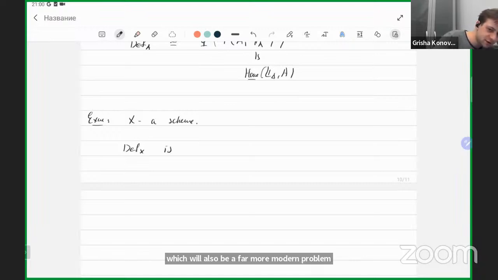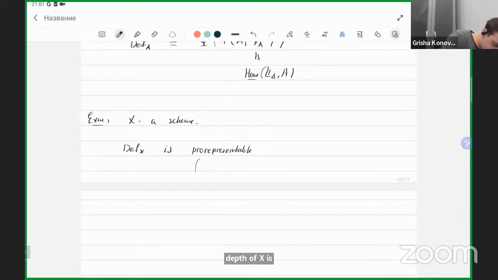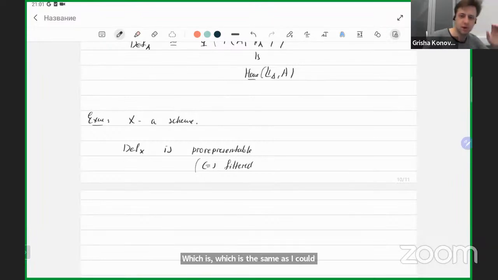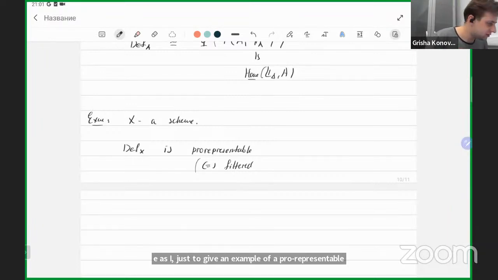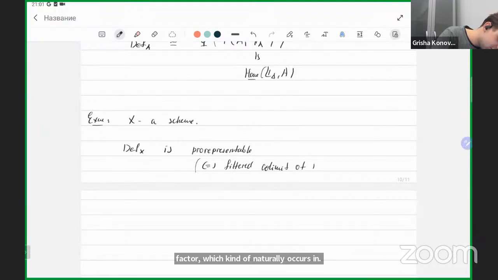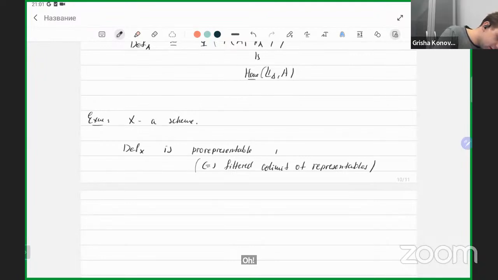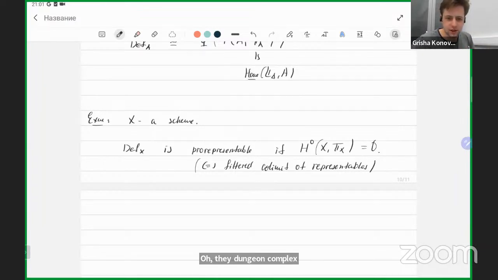An interesting fact which I wanted to state is that Def of X is pro-representable, which is the same as a filtered colimit of representables, just to give an example of a pro-representable functor which naturally occurs, if H0 of the tangent complex of X is trivial. So that's, I guess, where I should stop.